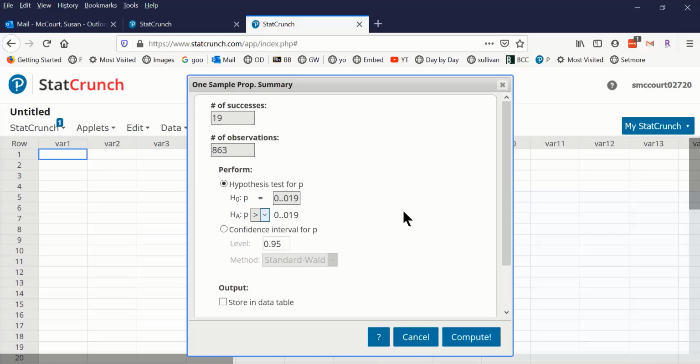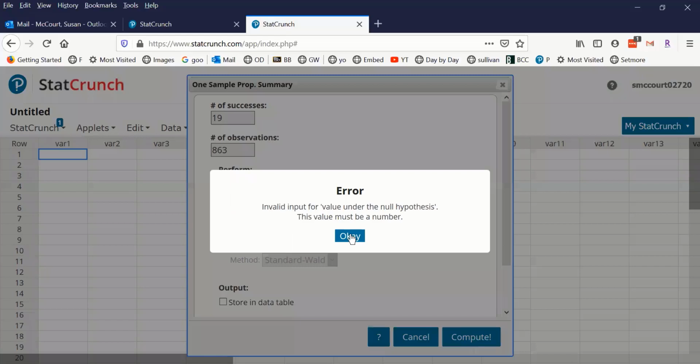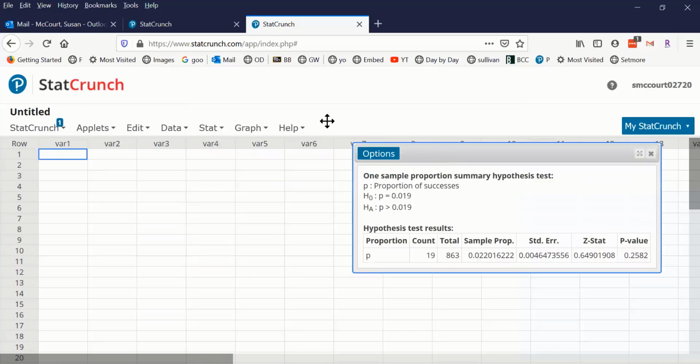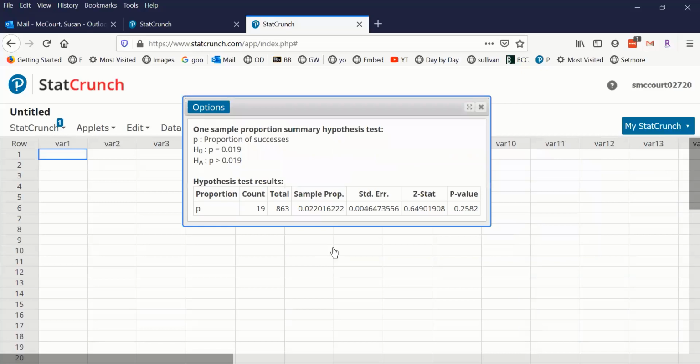Okay, so it's pretty simple. And click compute. Oop, we're missing something. Oh, I put 2 decimal places. Here we go. Better. So we get our hypothesis test, which should match your step 2.